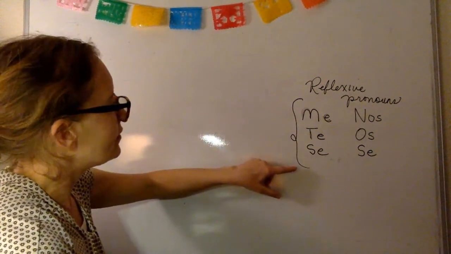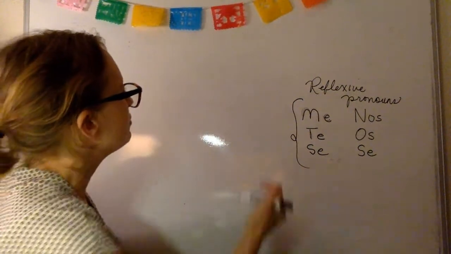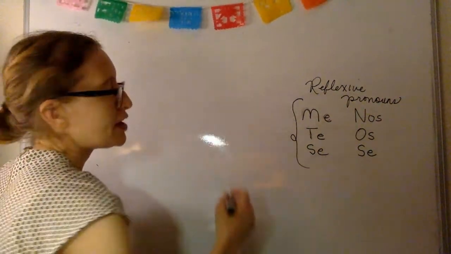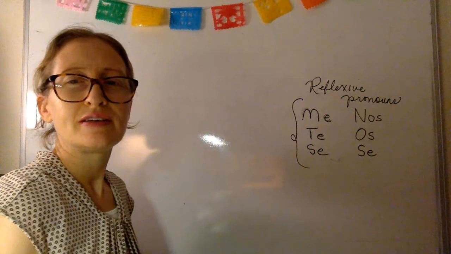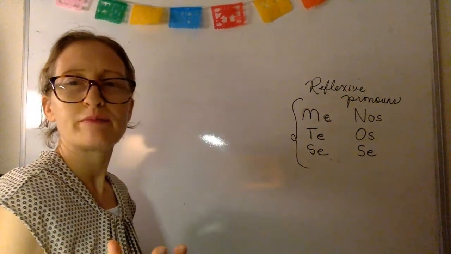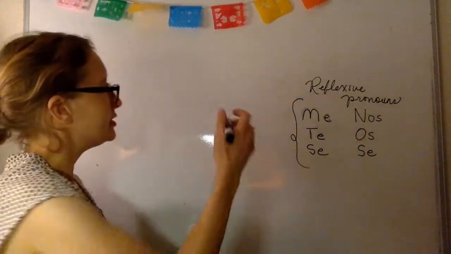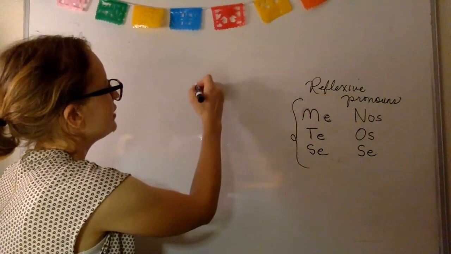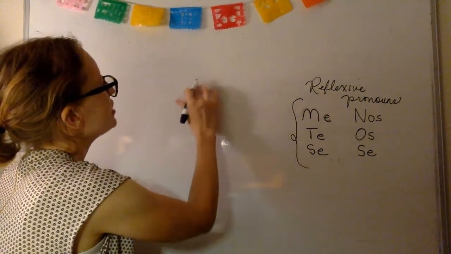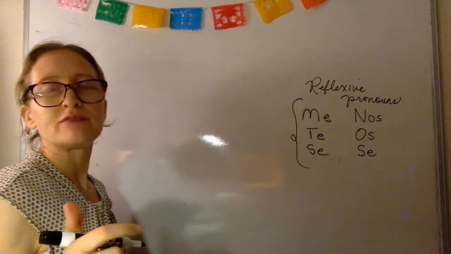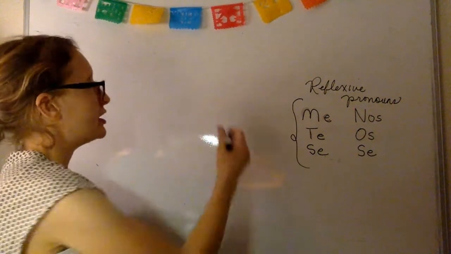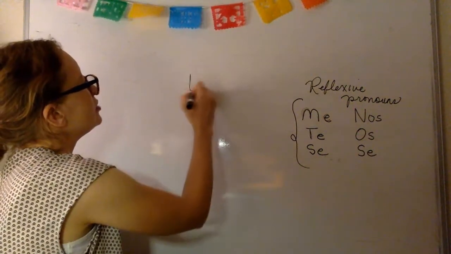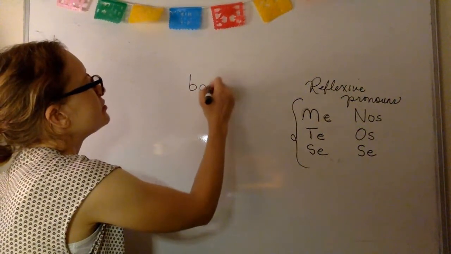So we mentioned that a lot of the verbs having to do with daily routine, hygiene type of practices require reflexive verbs. Well, I should say reflexive pronouns. The verbs themselves aren't reflexive unless they have a pronoun attached. So, bañar, to bathe.